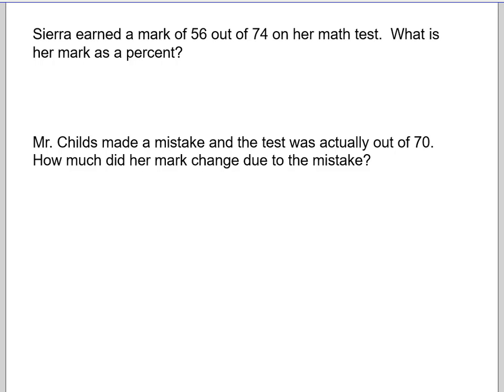Sierra earned a mark of 56 out of 74 on her math test. What is her mark as a percentage? You'll remember that we're looking for parts and totals. So she has 56 out of 74, that's equal to some percent out of 100.